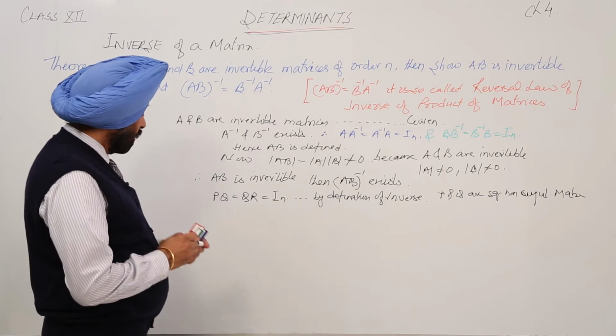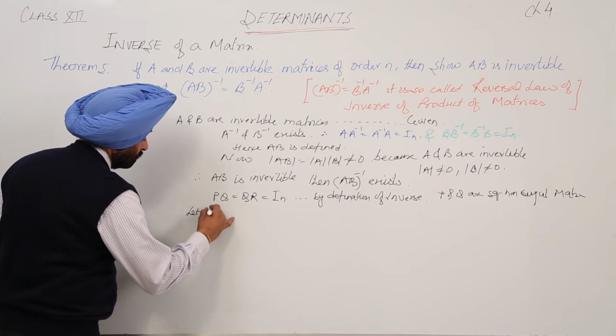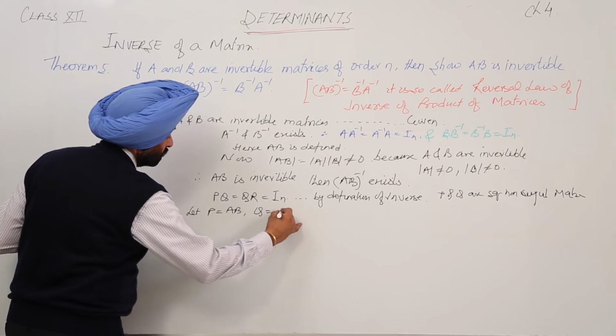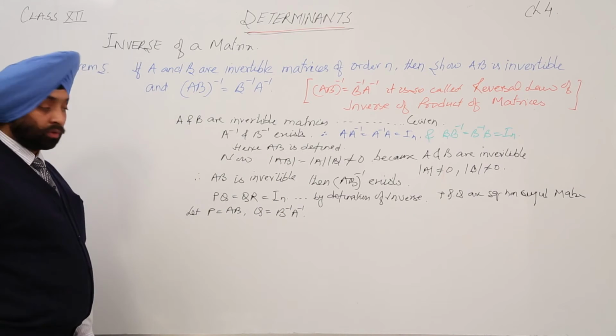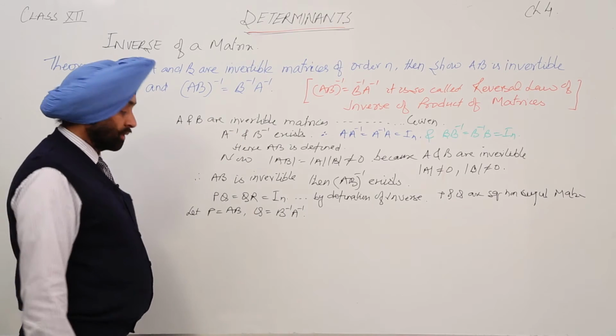Is it clear? Now let P is equal to AB and Q is equal to B inverse A inverse.